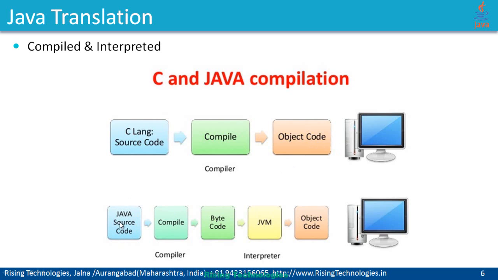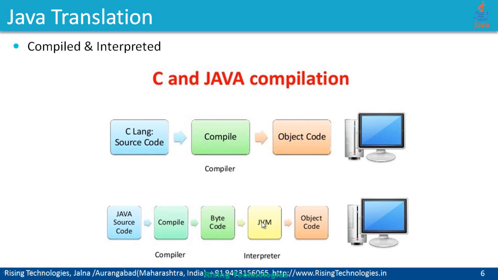This is your Java source code, and once you compile it, you do not actually get machine code. What you get is called bytecode. This bytecode will then be translated via an interpreter of this system, that is the JVM, and this interpreter translates your bytecode into underlying machine code.